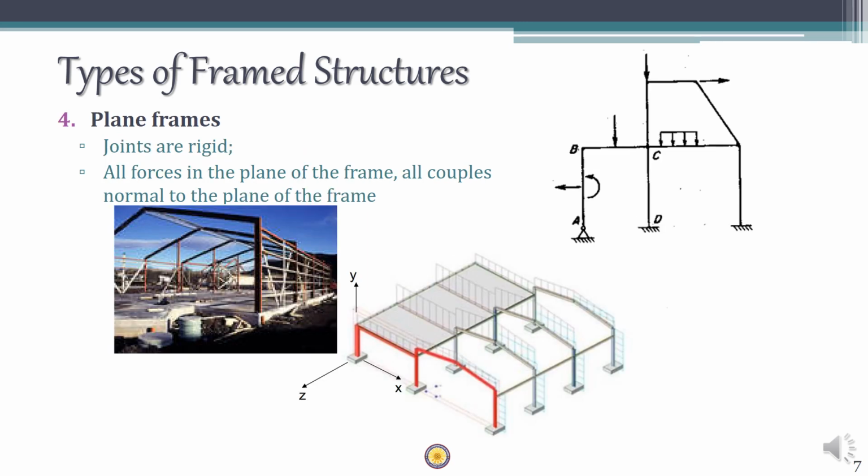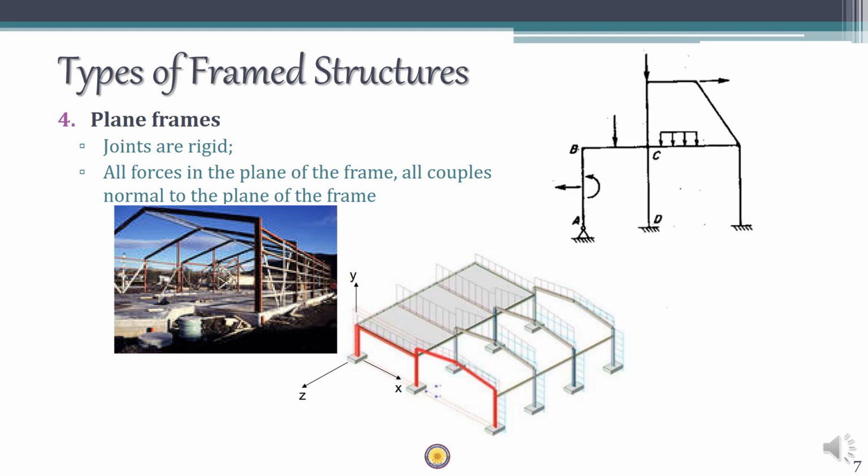The next one is plane frames. Unlike trusses, the major difference in frames is that the joints in the case of plane frames are always rigid. These types of frames are used in huge warehouses and factories made up of steel cross sections.